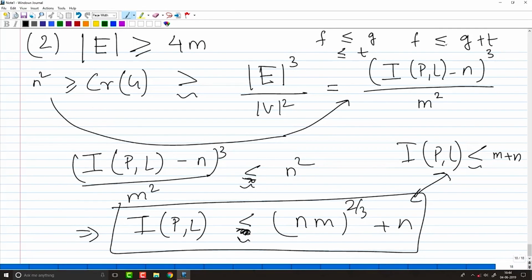Or you can take the max, whatever. The max is dominant, and these are positive terms. So this completes the proof, right?